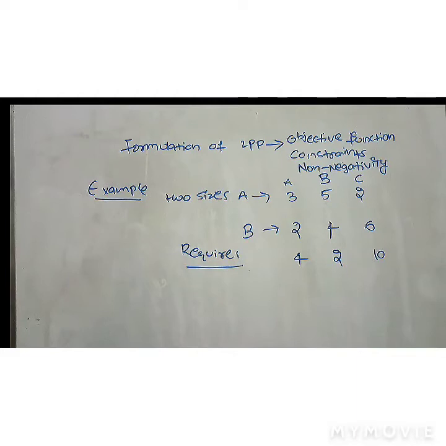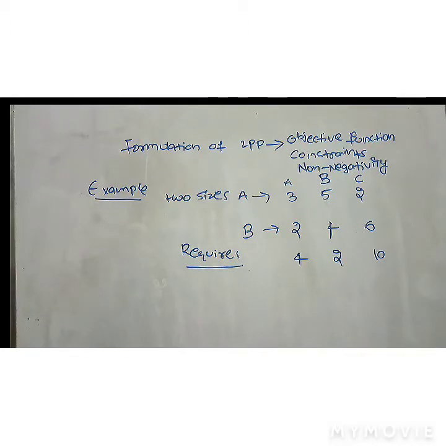So I put it in a table, but in theory what we can say is, a pharma company is manufacturing two different sizes, size A and size B. Size A comprises 3 grains of aspirin, 5 grains of bicarbonate, 2 grains of codeine. Size B contains 2 grains of aspirin, 4 grains of bicarbonate, 6 grains of codeine.